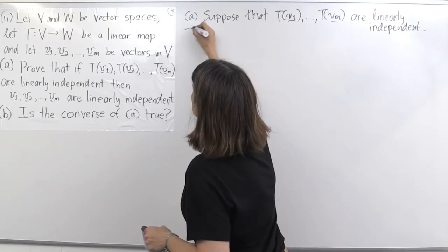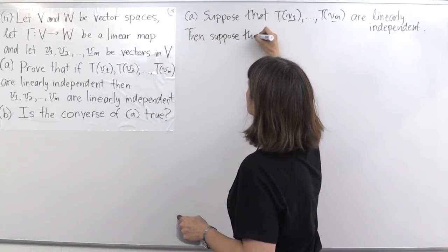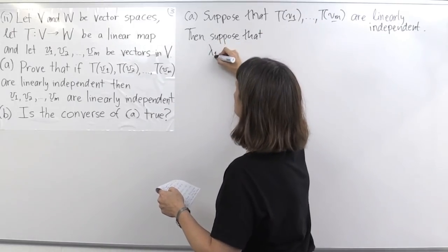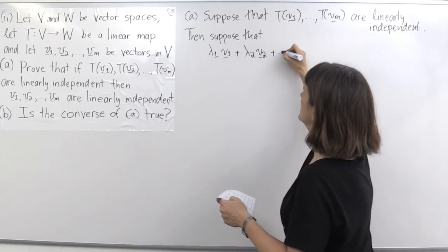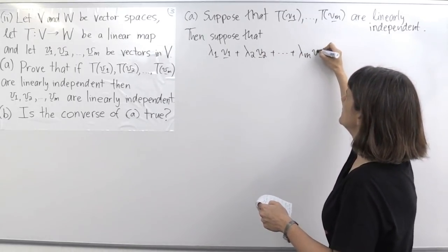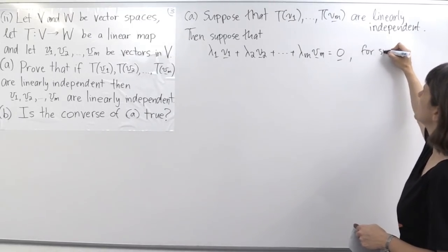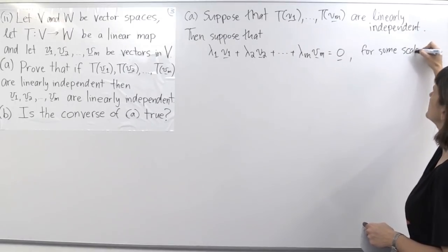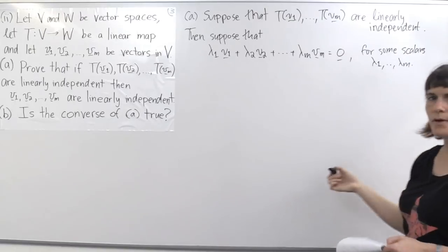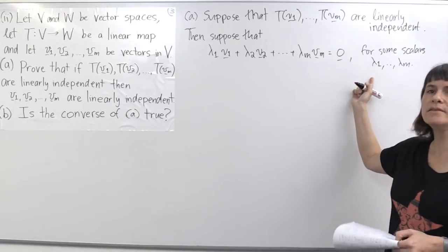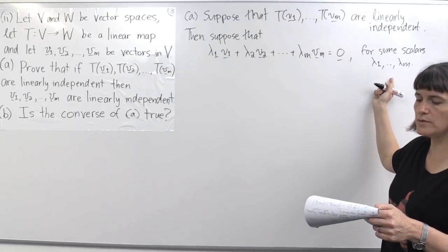Then suppose that lambda 1 v1 plus lambda 2 v2 up to lambda m vm is the 0 vector for some scalars lambda 1 up to lambda m. And what we need to show is that the only solution is the trivial solution where lambda 1 up to lambda m are all 0.